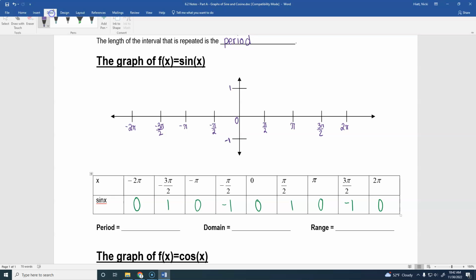So if I graph my points, I've got 0, 1, 0, negative 1, 0, 1, 0, negative 1, 0.